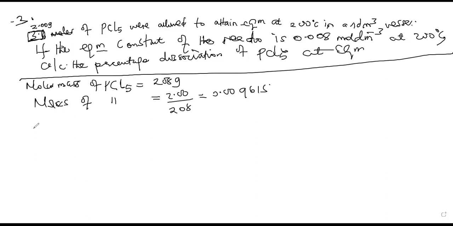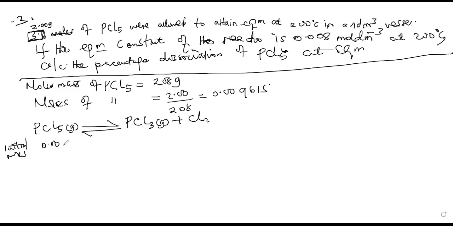So if we write the equation, it will be PCl5 equilibrium PCl3 plus chlorine. Initially, we have moles as 0.009615, and there we don't have any moles of the products. Moles dissociated or formed: write all the words, dissociated or formed moles.